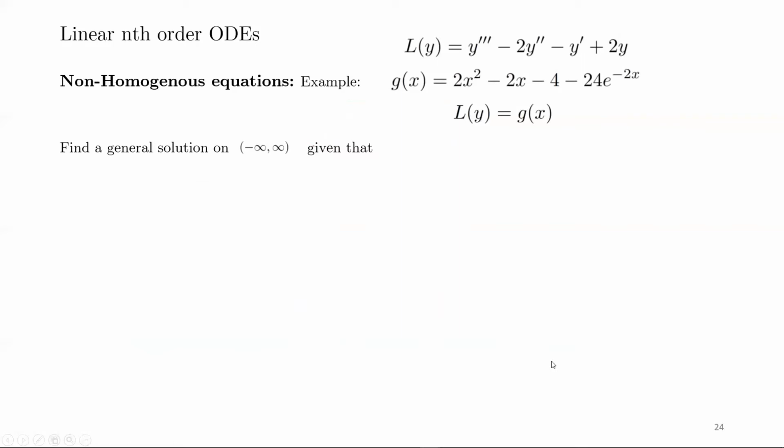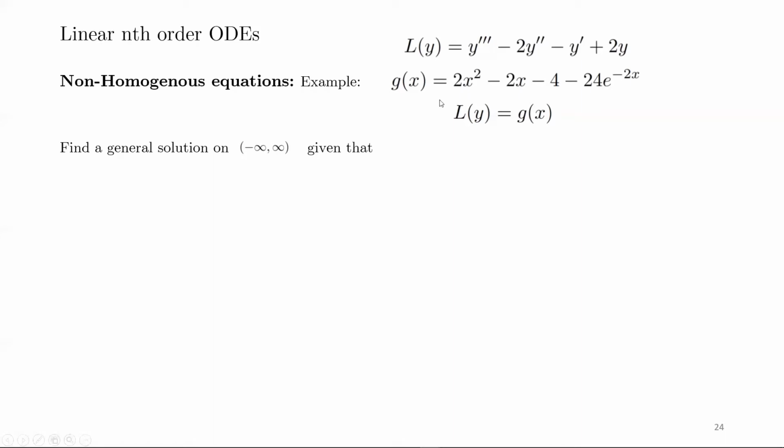So let's look at an example here. So I've got the linear differential operator, which is the third derivative of y minus 2 times the second derivative of y minus y prime, the first derivative of y, plus 2y. And we've got a function g, which is a polynomial, 2x squared minus 2x minus 4, minus an exponential, so minus 24e to the minus 2x.